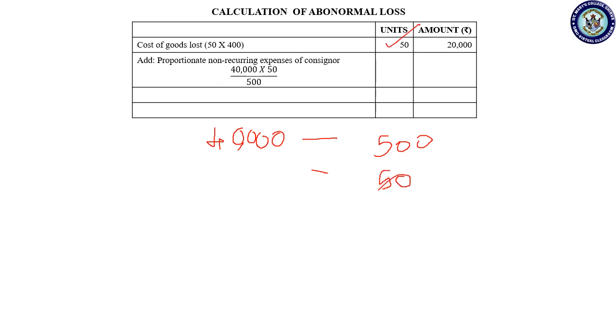Your abnormal loss is 50. You want just the non-recurring expense of 50 units. You can't take the non-recurring expense of 50,000, sorry, 50 units. So for 50 units, how much? You have to do the cross multiplication. You take down this: 40,000 rupees is for 500 units, and you are calculating for 50 units.